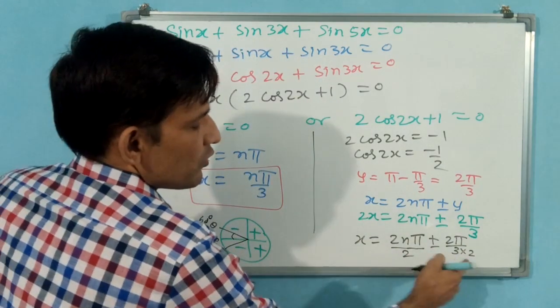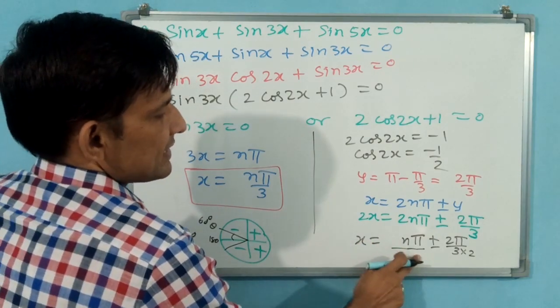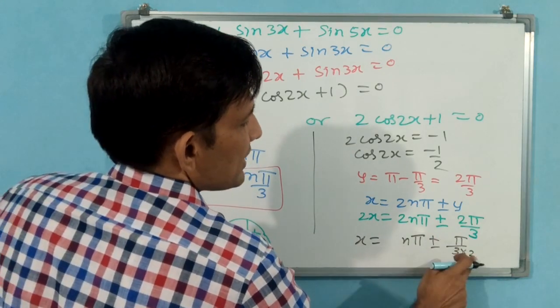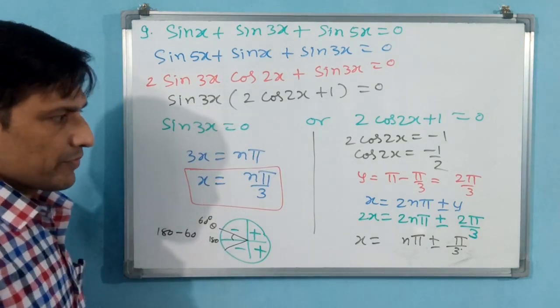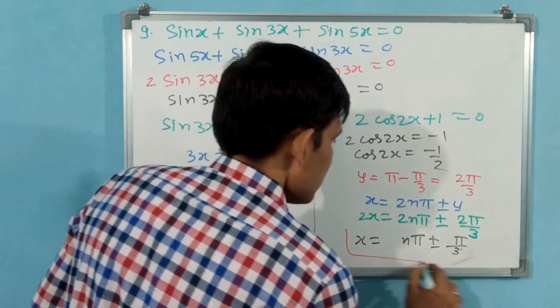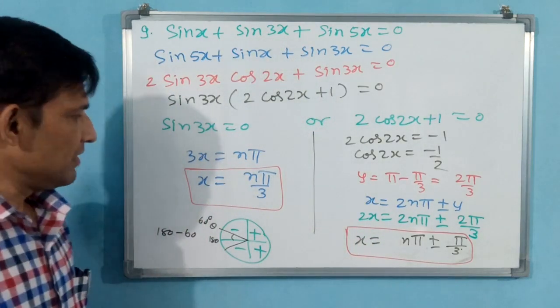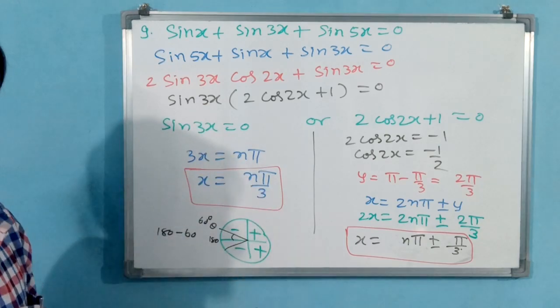Why? Because this 2 is going to divide. 2 into 2 going to get cancelled. That is why I write n pi only. Again I am going to write pi by 3 only. Is it correct? This will be the answer for your 9th question.